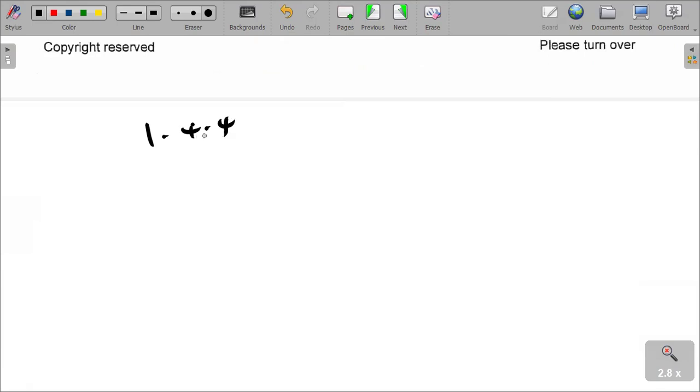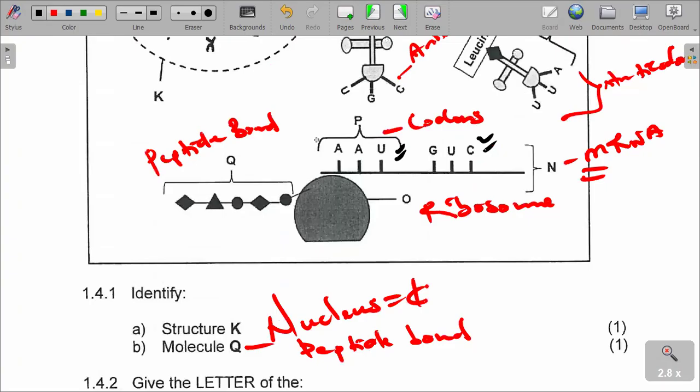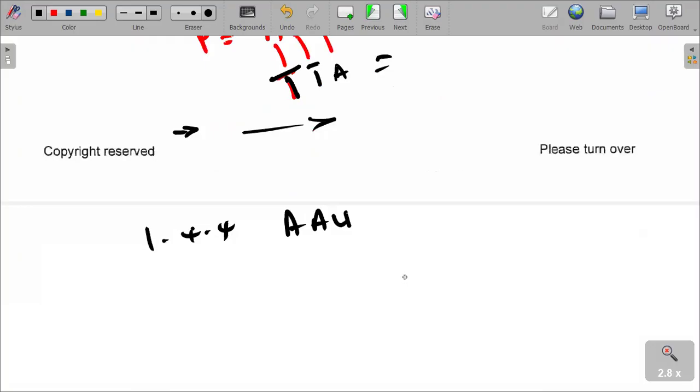So what we need to understand is the amino acids from left to right as they will bind on molecule N. When you look at this, we have AAU, which is given here, and then we have the second one, GUC.